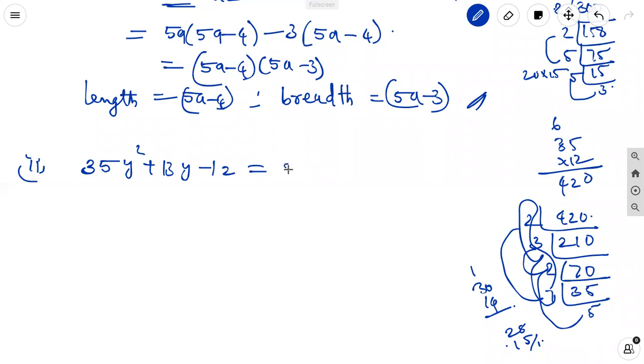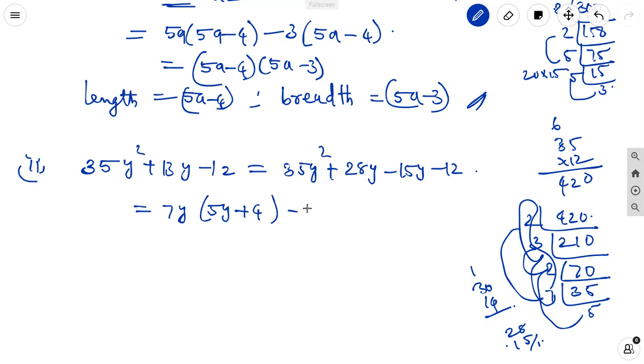So it can be written as 35y square plus 28y minus 15y minus 12. Taking common 7y: 7y into 5y plus 4, and taking common minus 3: 3 5s are 15, 3 4s are 12, 5y plus 4.